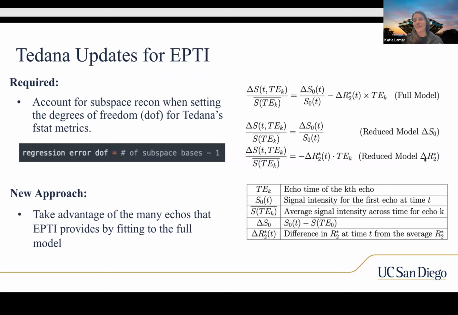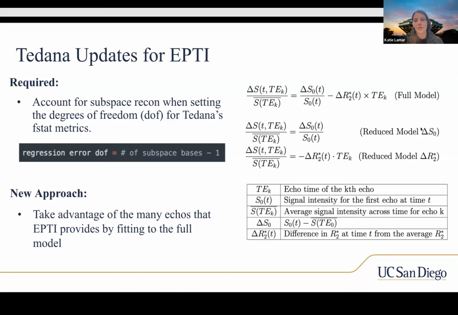And we split it because we don't have enough echoes to have an accurate output of our fit. So instead, we split it into 2, like I said, but now that we have more echoes, we can actually keep that full model. So the work that I've been doing lately is, can we have a better representation of kappa and rho using the full model, the F statistics using the full model versus the reduced model.